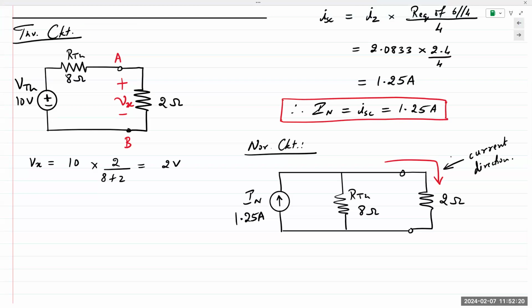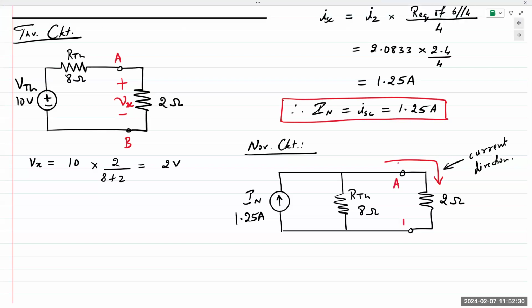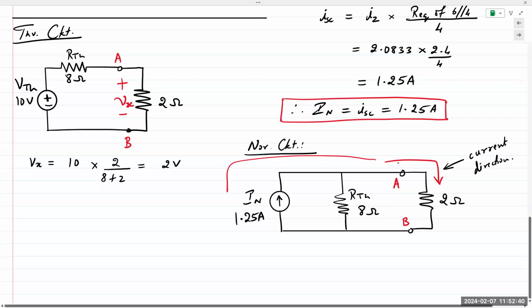Current direction is from A to B going downwards, and A to B is where the 2 ohms was connected. So if you logically follow that pathway, then the Norton current has to be going up. Does that make sense?